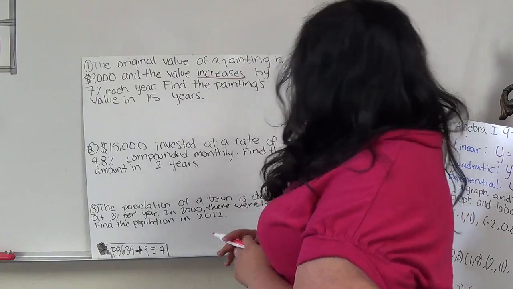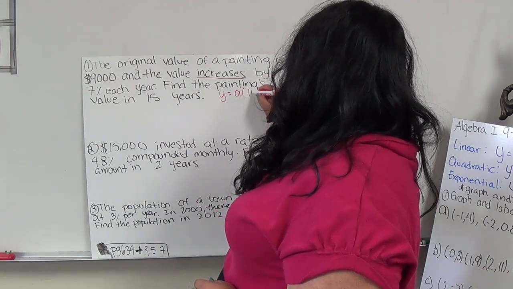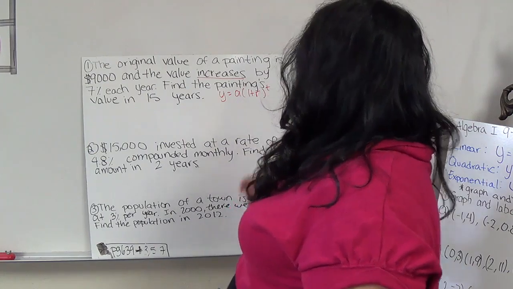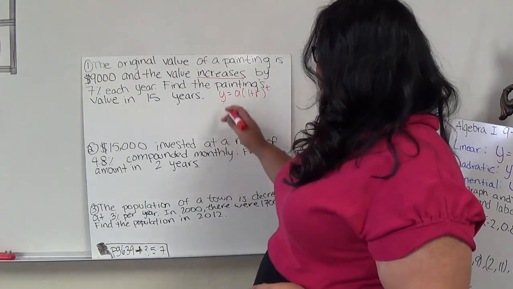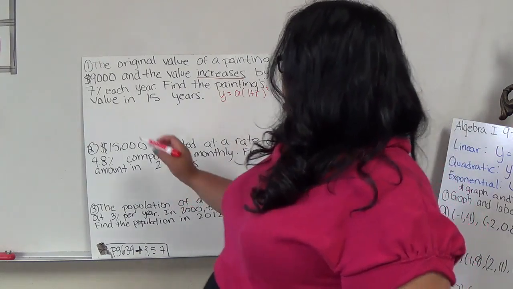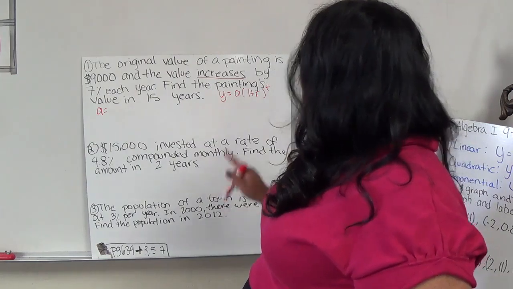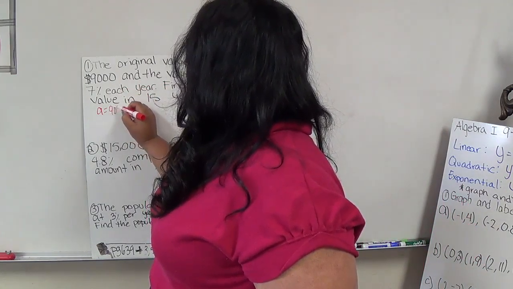And the equation for exponential growth is y equals a(1 plus r)^t. So let's find all our letters first. Y is what we're looking for. A would be our original amount, so that would be 9,000.